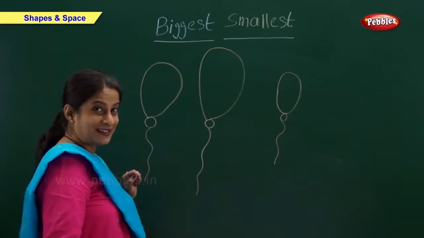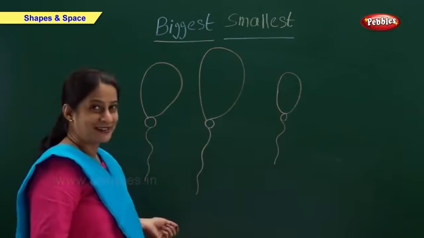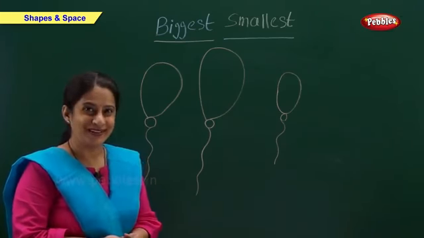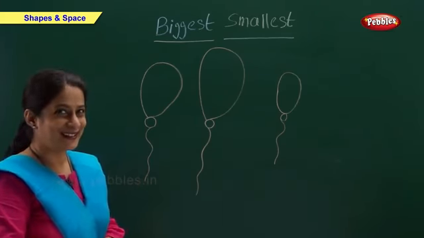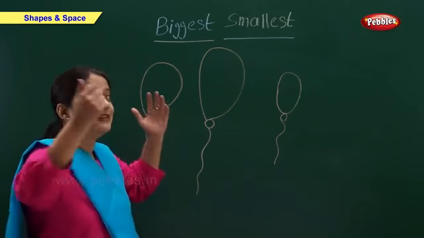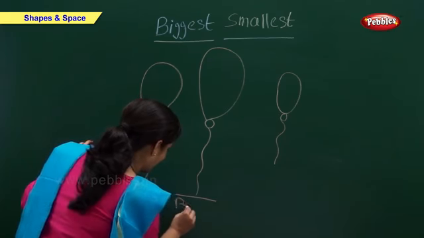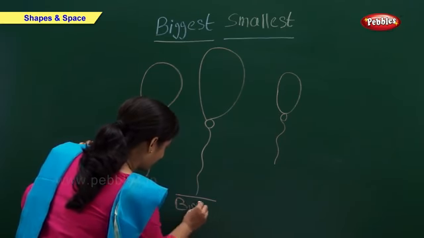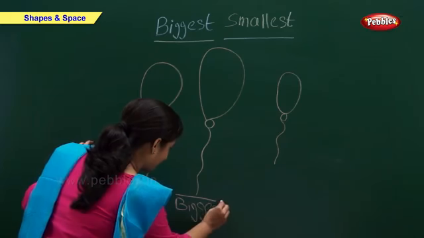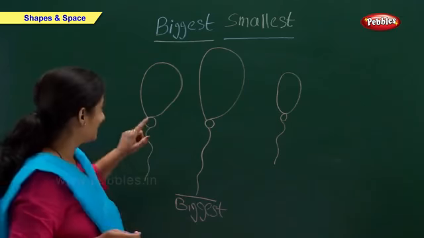Is this the biggest? Or this? Or this? Which is the biggest one? Tell me fast. Right. The second one is the biggest one. And which is the smallest one?